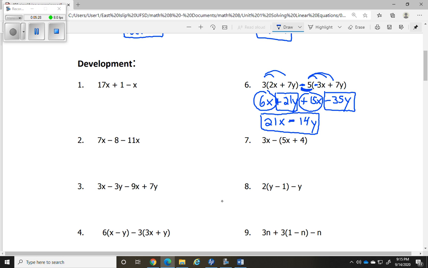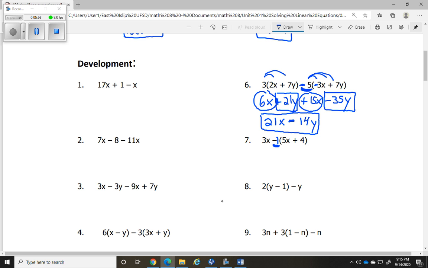I want to do number 7. Some people are unsure of what gets distributed in number 7. When you see parentheses, that's your hint that we have to distribute. You always distribute what's right in front of the parenthesis. So in front of this parenthesis, there's actually a negative 1, right? You could always put a 1 in front of a parenthesis, and this minus sign belongs to it.